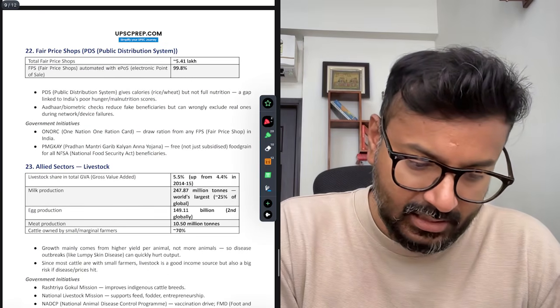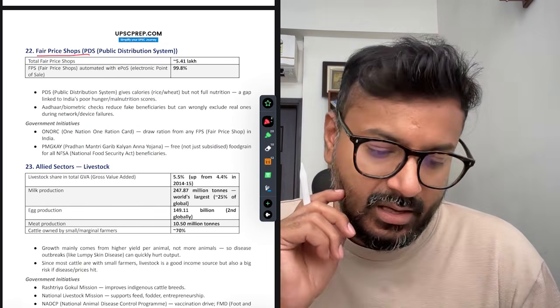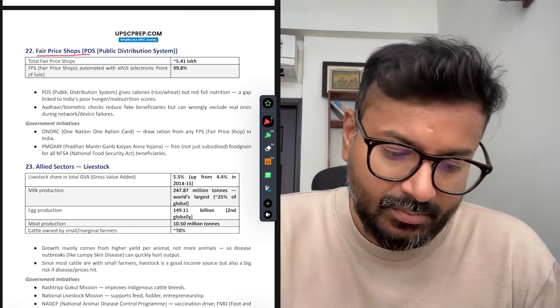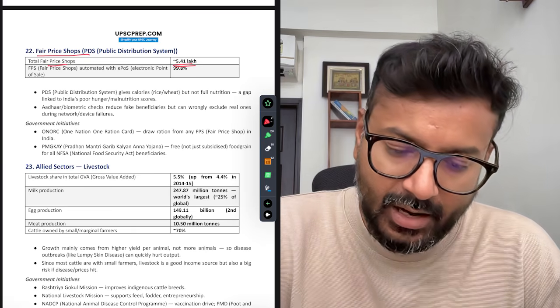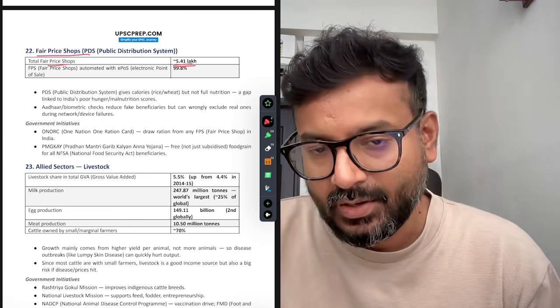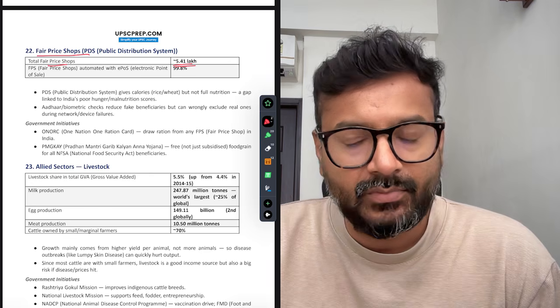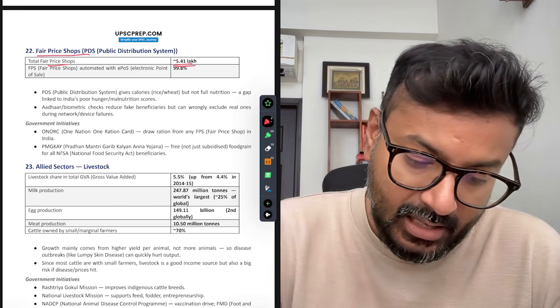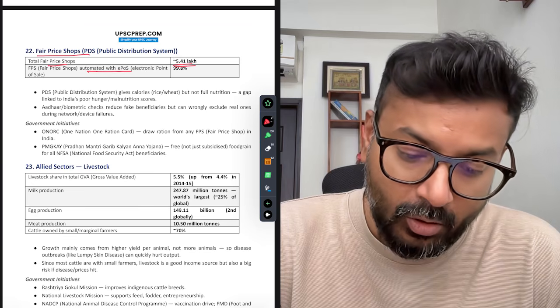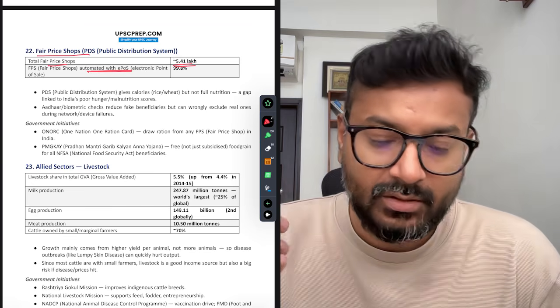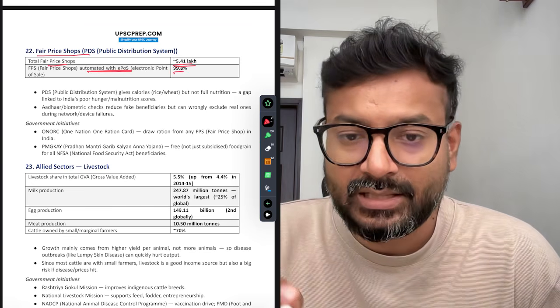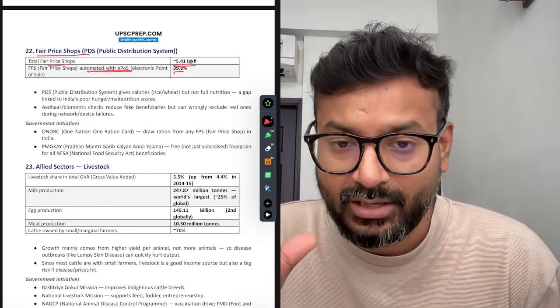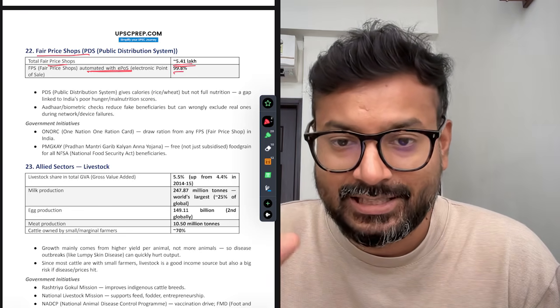Okay, next let's come to the fair price shops. Now, the total number of fair price shops in India is around 5.41 lakh. So almost all villages in India have fair price shops, and almost all of them are automated with electronic point of sale machines. 99.8% of these FPSs are digitalized.